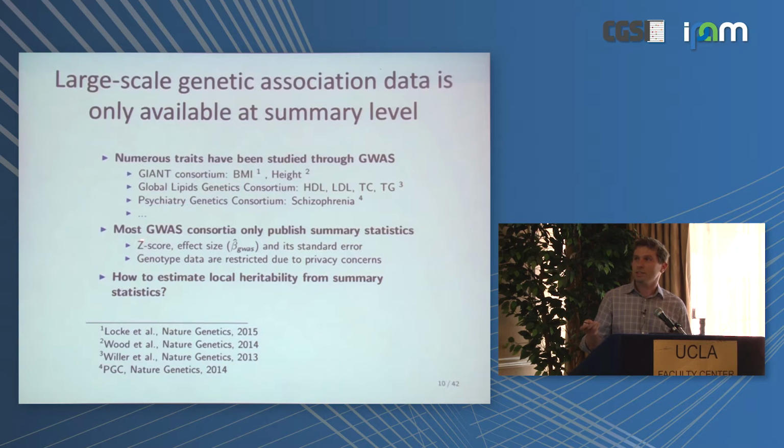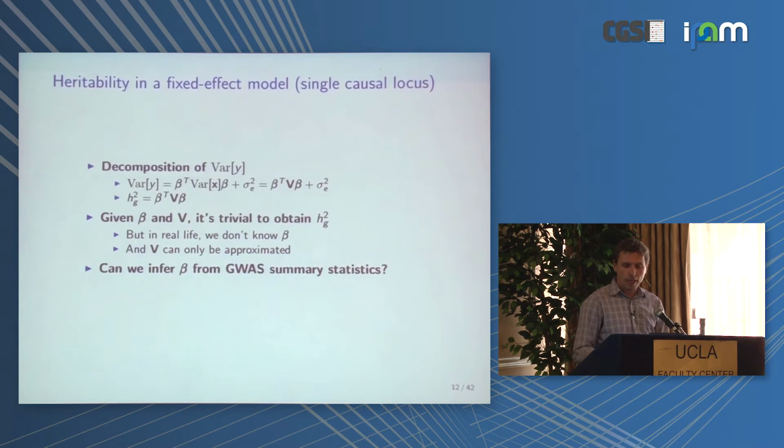Essentially, GWAS consortia usually post the effect sizes and their standard errors, but they don't give you individual level data, okay? So how can we figure out the proportion of variance in a trait that comes from multiple variants in the genome, only from summary statistics, okay? You can start playing with the math, and here you can do two things.